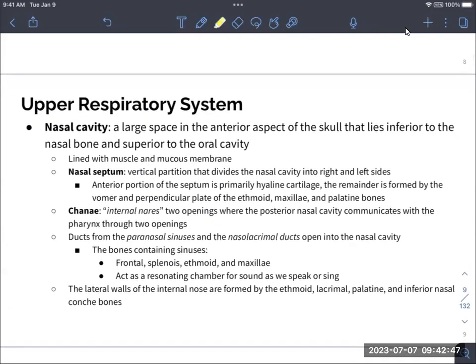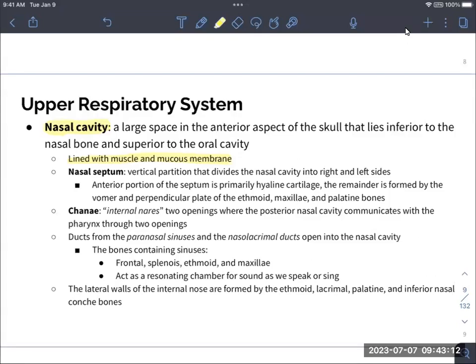So inside of this nose is the nasal cavity. This nasal cavity, we've got muscle in there, so it would be some smooth muscle, because we can't control the size of our nasal cavity.